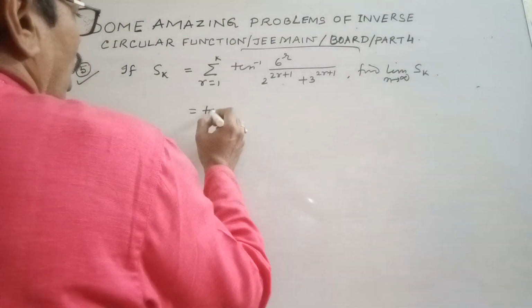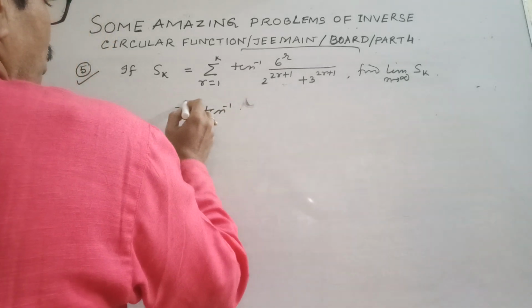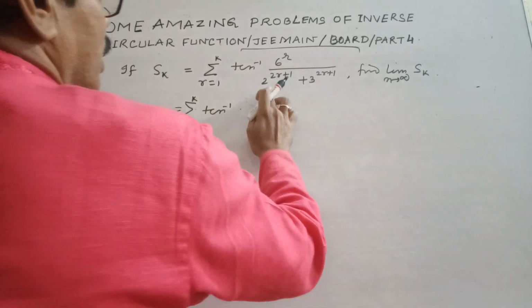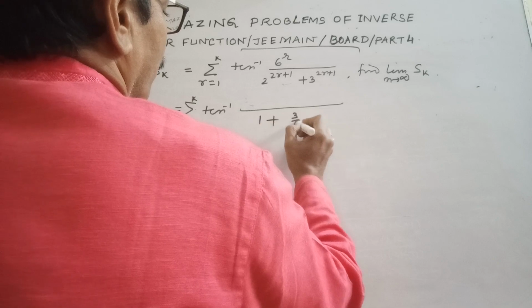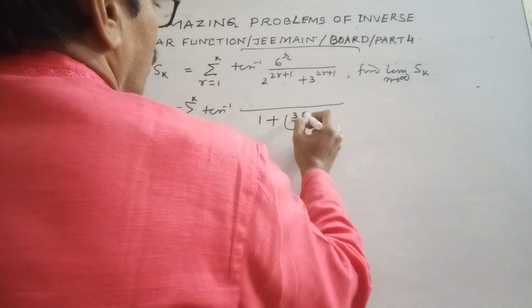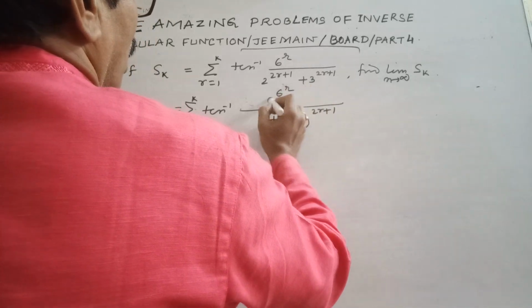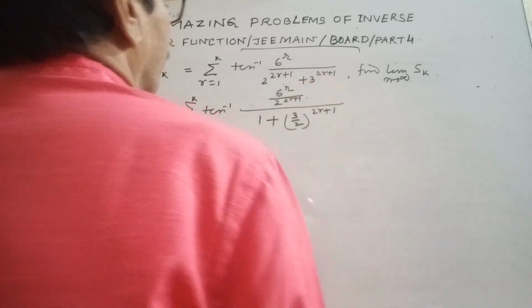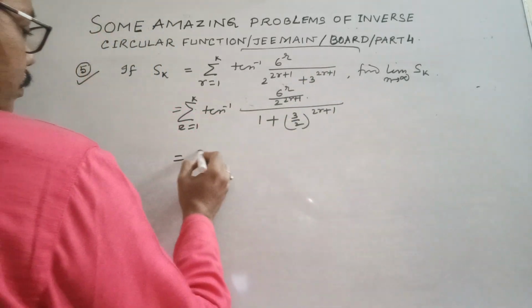Our main aim will be to make this term 1, so 1 plus (3 by 2) whole to the power 2r plus 1.